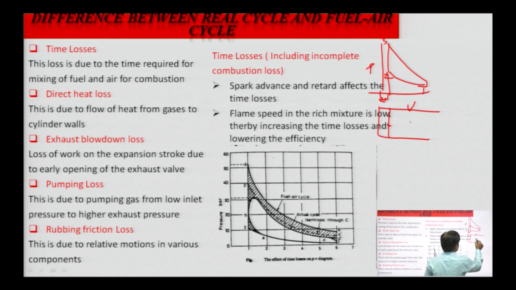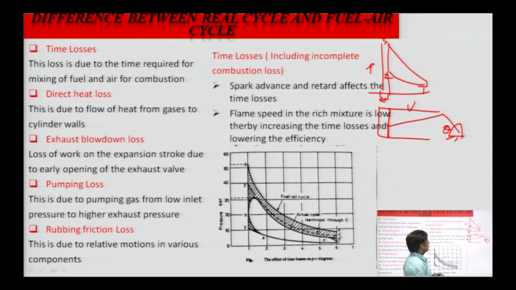It remains at this point, and the crank angle theta is constant until the whole combustion occurs, but it is not possible practically. The crank is moving continuously.